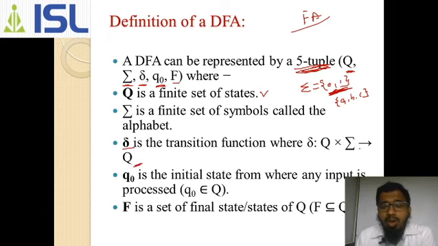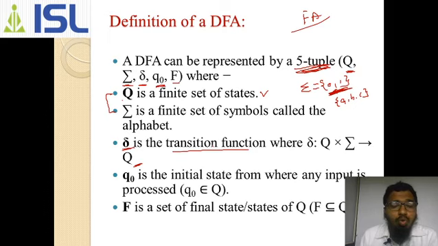Whenever you want the transition, you must do some operation on Q cross sigma, then only you will get the transition. We will see that in today's class, the transition table and graph.